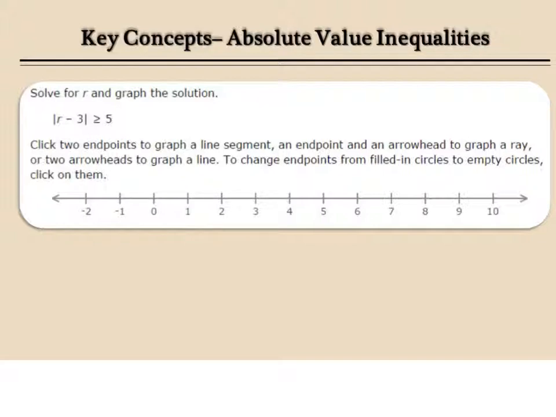When it is an "or" inequality, I know that I'm going to graph my 2 points, and the arrows will point in opposite directions. So I'm going to write my 2 inequalities before I graph them. All right, so I have r minus 3 is greater than or equal to 5, and r minus 3 is less than or equal to negative 5.